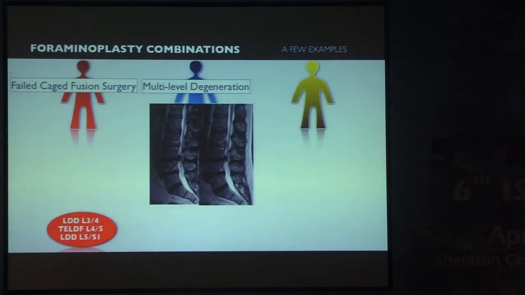In cases of multi-level disc degeneration, we've seen a variety of treatments this morning. Here, we carried out a laser discectomy at L2-3, a foraminoplasty at the L3-4 level, and gel sticks at 4-5 and 5-S1.